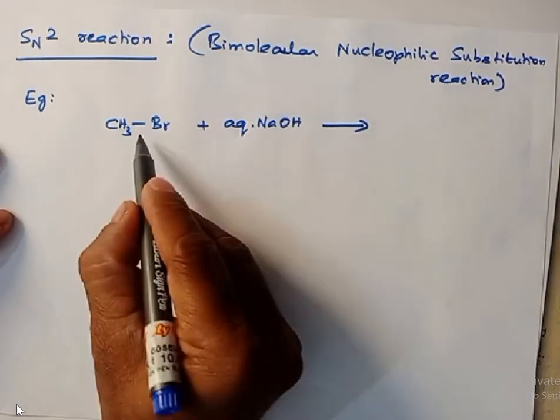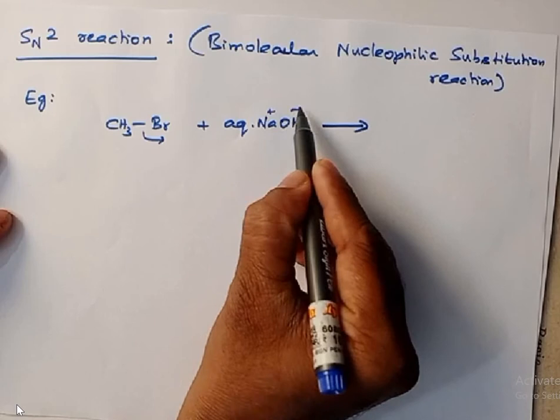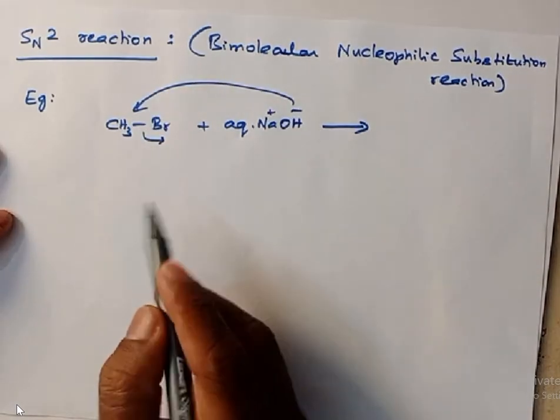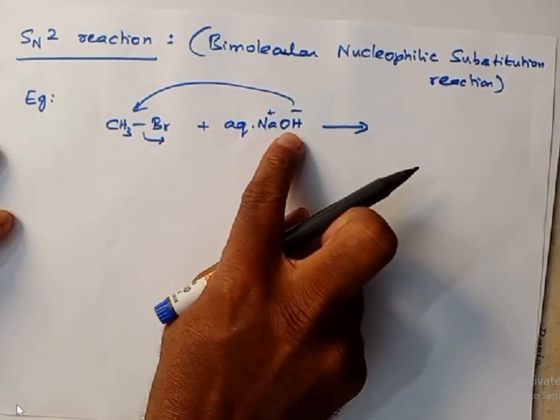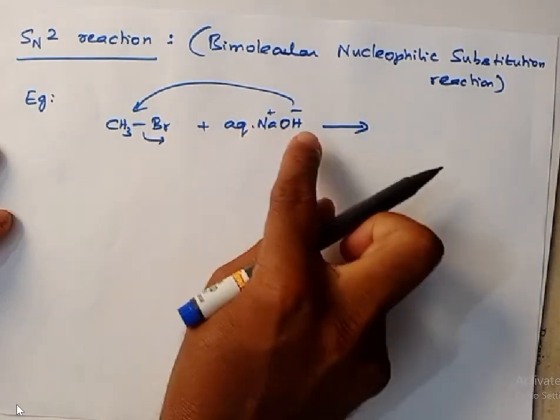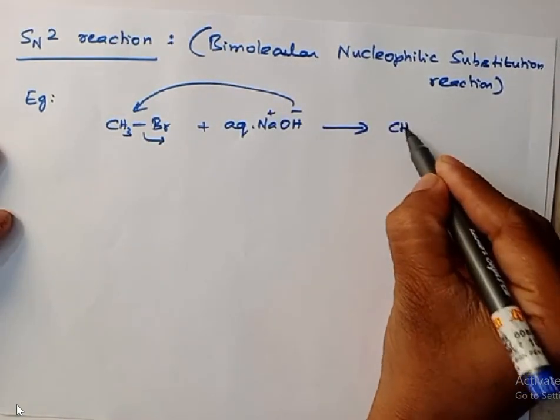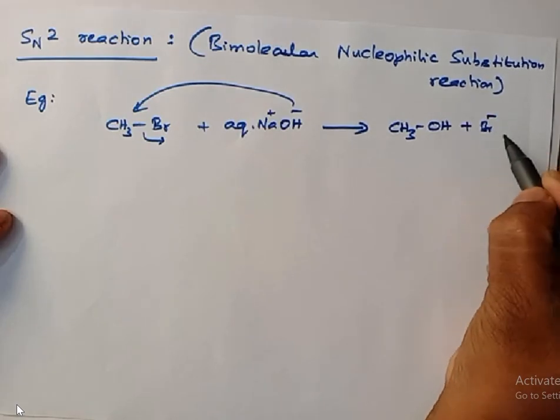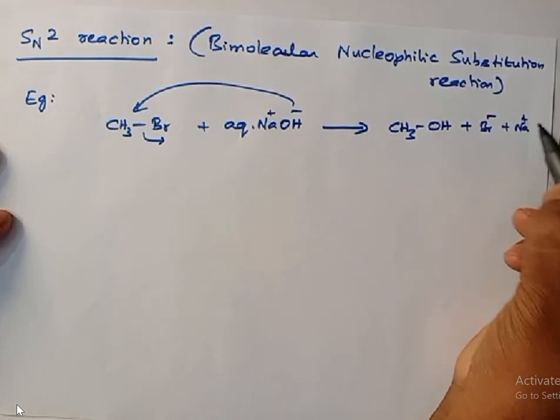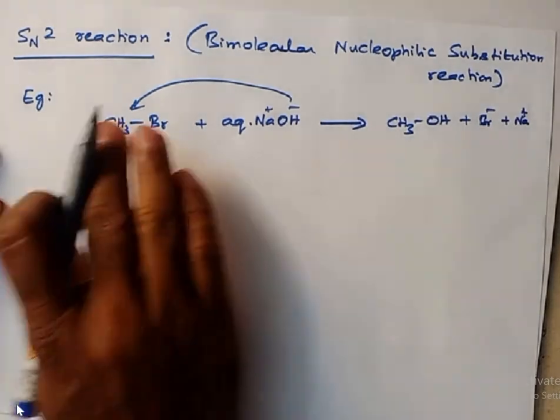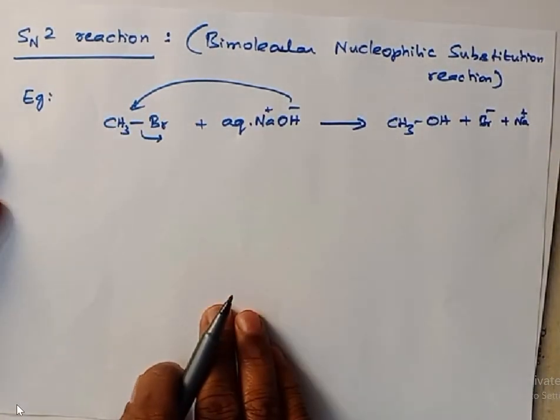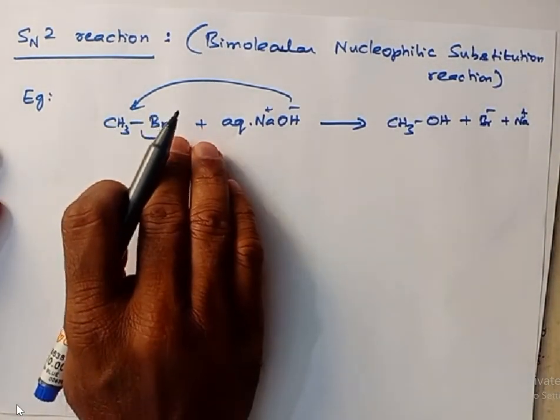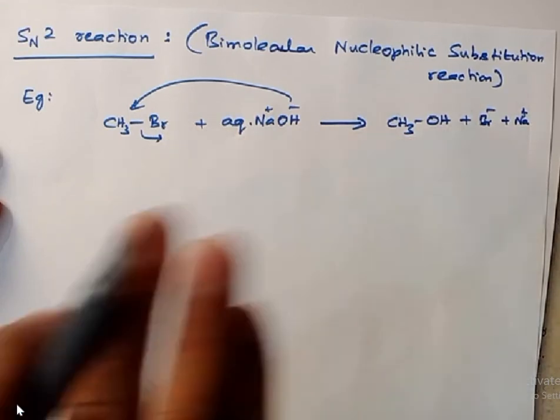The bromine will come out, OH minus will attack. So bromine is replaced by OH, or bromine is substituted by OH. You will get CH3OH methanol, along with Br minus plus Na plus. These are the products. This is an example for Sn2 reaction.